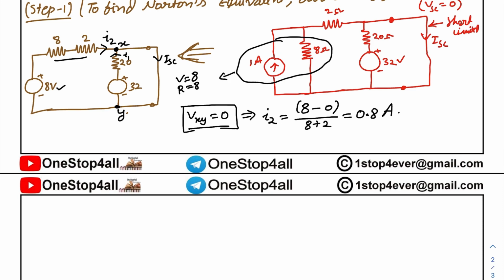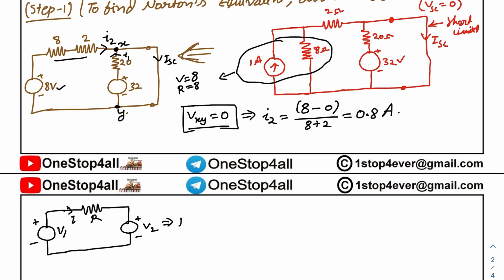Because if there are two sources, okay, like this one connected, let it be plus minus V1, and there is a resistance, let it be R, and there is another voltage source like this one of same polarity, plus minus, let it be V2. Then what we can write? The current through this branch, that is I, flowing from higher to lower.